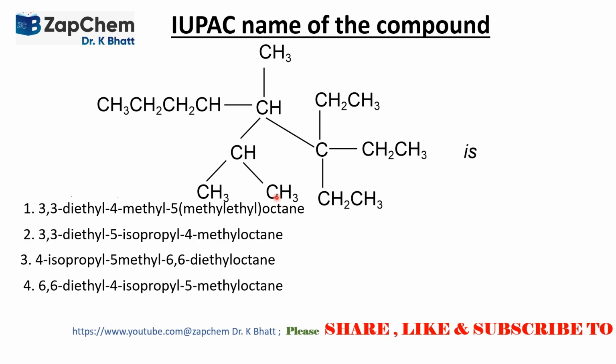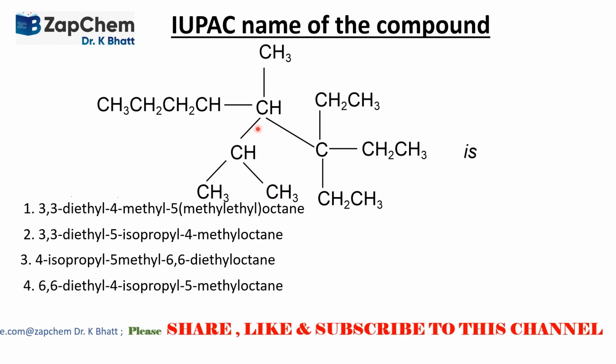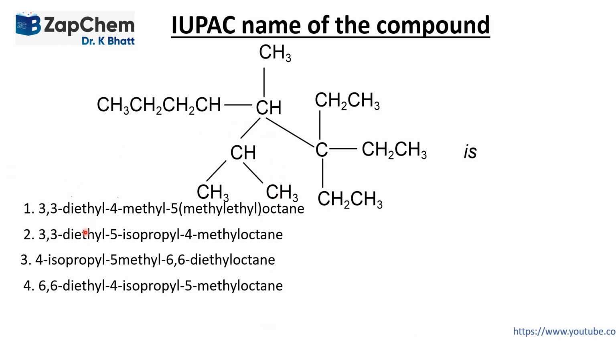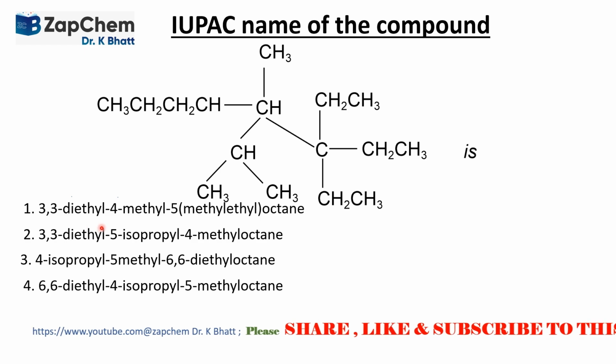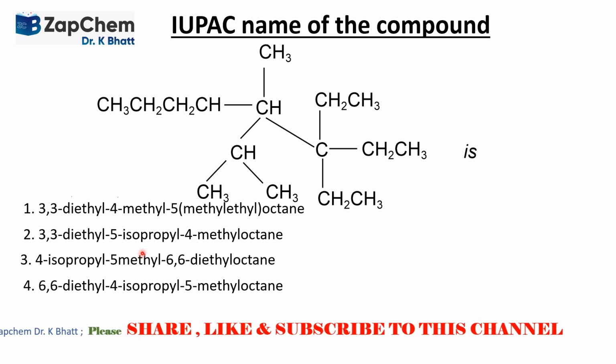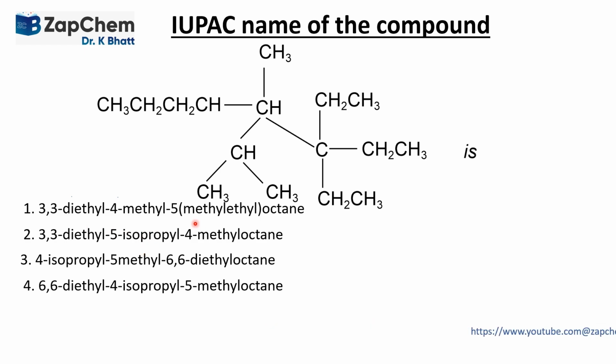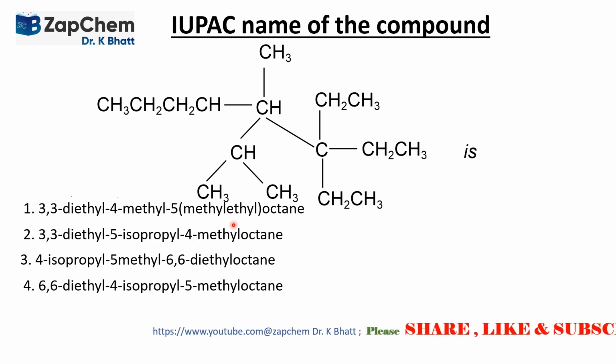That's right. Then next, we have to look at the options again, and we find that there are substituents. The substituents are ethyl, methyl, isopropyl, and of course, a combination of methyl and ethyl is also provided here.